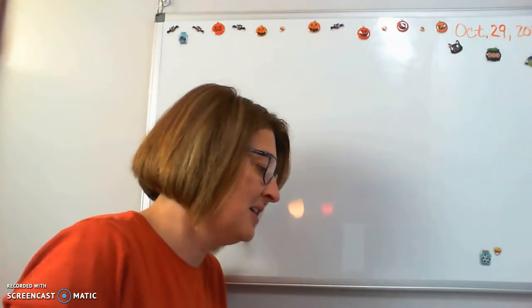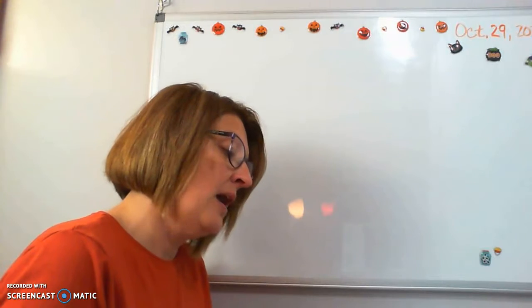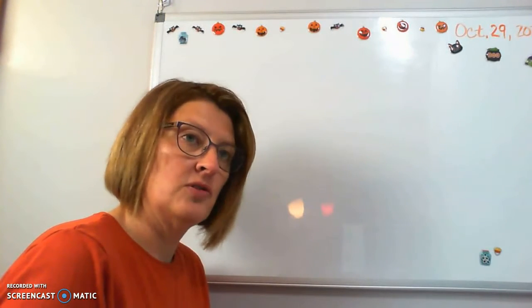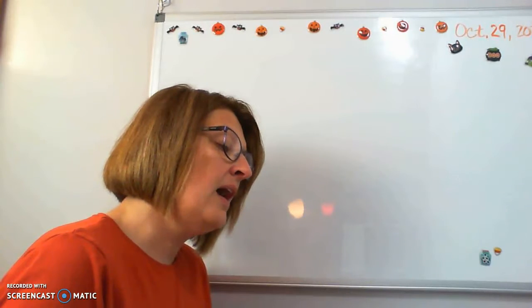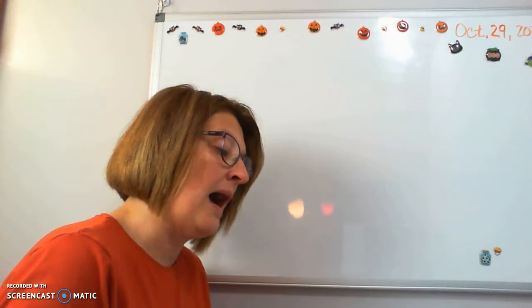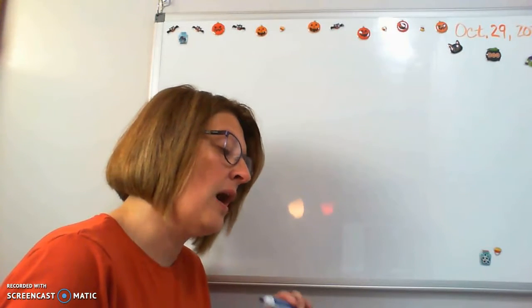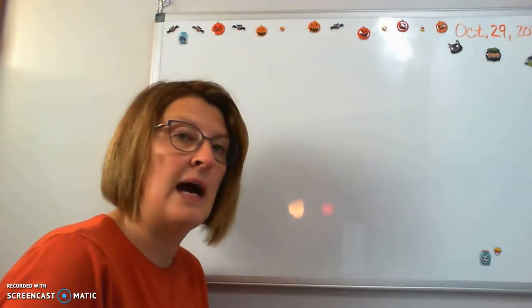The next question is about Rick, and Rick has $8. So he already starts out with $8. He then works for 4 hours. He worked 4 hours for $5 each hour.